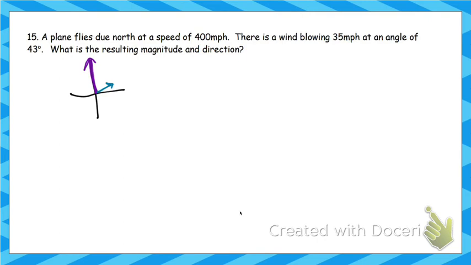So I'll start by writing the component form of our plane. So that plane, if we want to find the component form, let's think about the magnitude is 400 because that's the speed. The angle, it doesn't tell us, but if it's going north, that angle right there should be 90. So I could do 400 cosine 90 for the x and 400 sine 90 for the y.